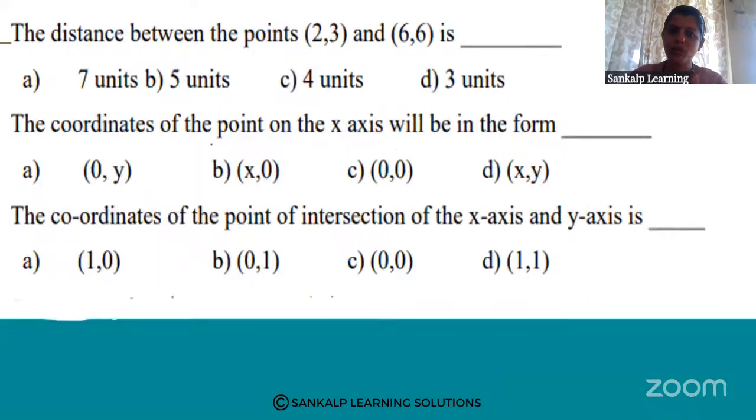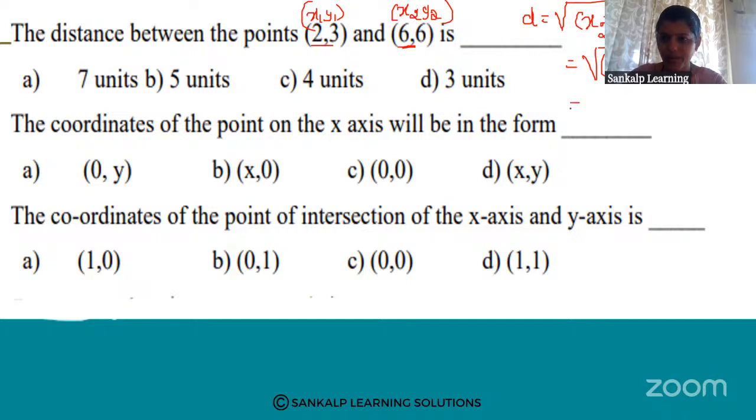The distance between the points (2, 3) and (6, 6) is. So they have given the coordinates A (x1, y1) and B (x2, y2) and asked to find the distance between the points. For that we need to use the distance formula, that is square root of (x2 minus x1) whole square plus (y2 minus y1) whole square. Now x2 value is 6 here and x1 value is 2, and y2 value is 6 and y1 value is 3.